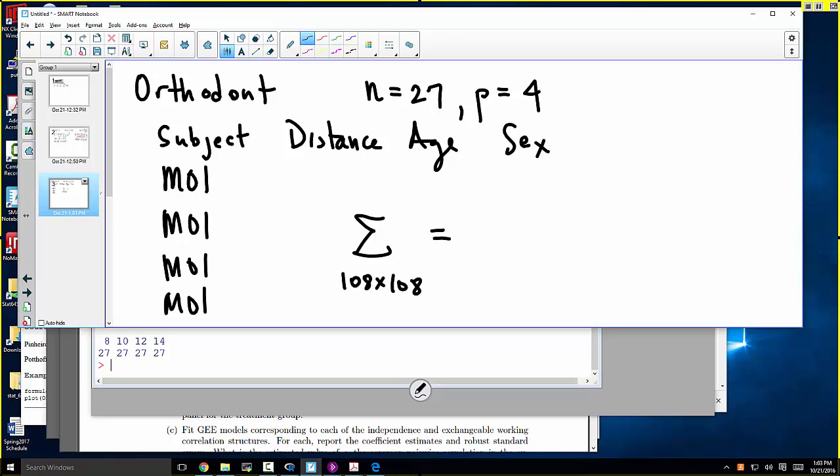So what that means about what sigma looks like is it looks like this. Let's say sigma 0, sigma 0, dot, dot, dot, sigma 0, with 0s elsewhere. And every one of those pieces is a 4 by 4 matrix.